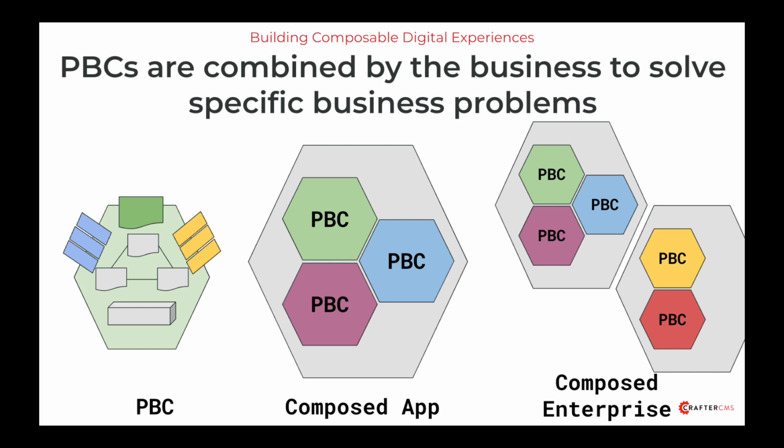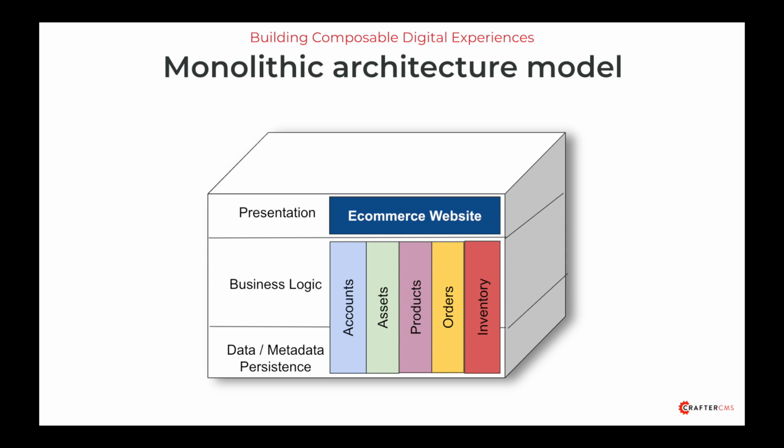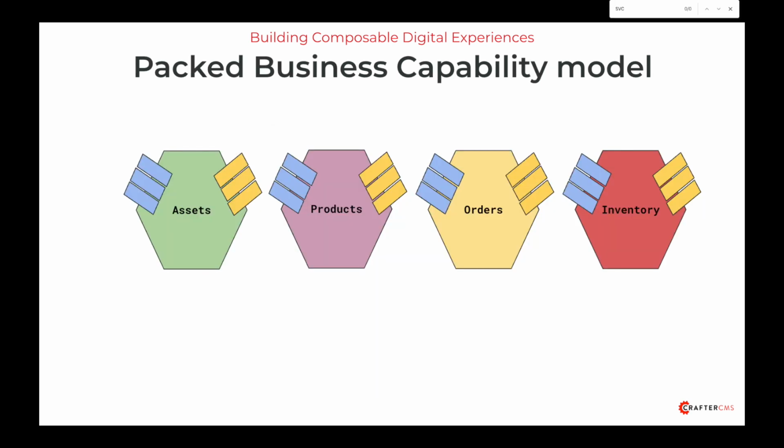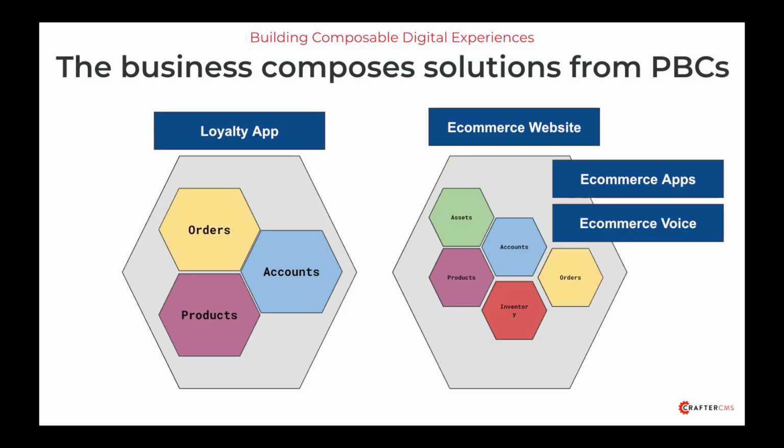So to make this concrete, let's look at an example. What we want to do is think about something like accounts, assets, products, orders, inventory, the kinds of capabilities that would have been traditionally managed together in a monolithic architecture, but in this composable architecture are all packaged in a very modular and autonomous fashion that makes them very easily identifiable, or what we would call discoverable, by business users who then combine or recombine, or what we would call compose, a solution to a specific business problem.